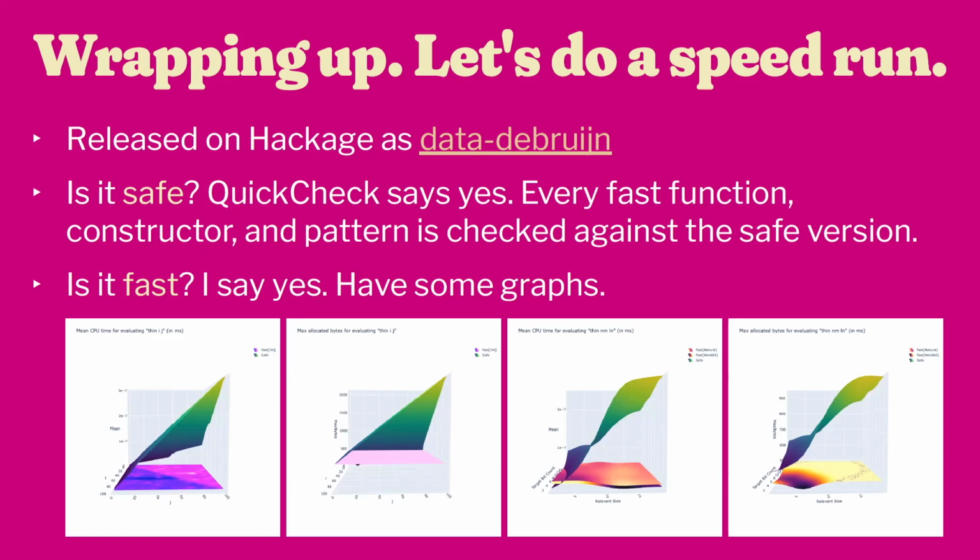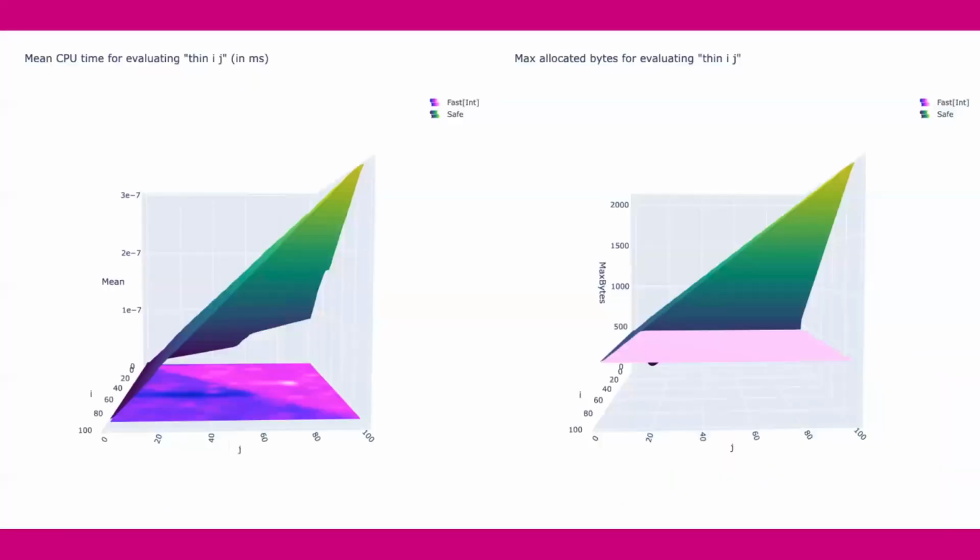So yeah, it is correct. Is it fast? I say yes. There are some graphs here that also say yes. Specifically, you can very clearly see, if I zoom in, that thinning with the thinning operation, for instance, with indexes, the green stuff, that is the very clearly linearly scaling thinning using the safe implementation, whereas the other lines are the constant time versions that are unsafe.